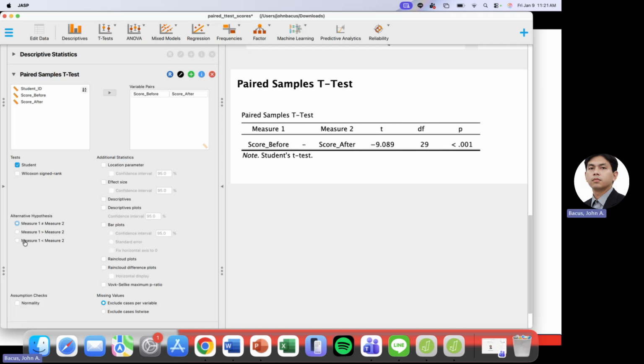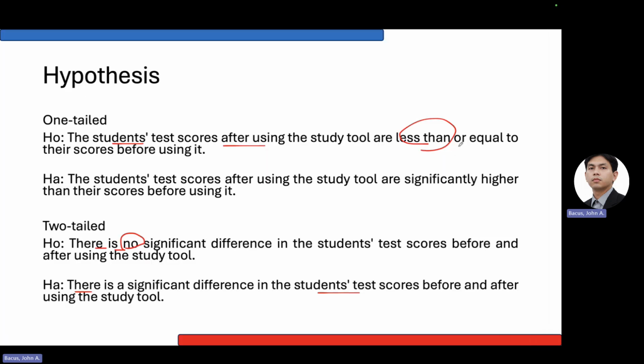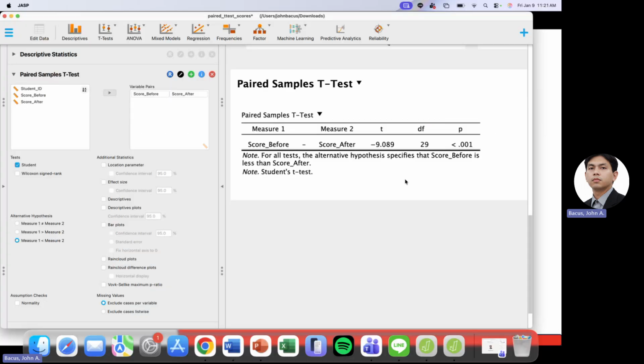It changed because score after is greater than score before. This is correct because score before is less than score after and the p-value is 0.001. So using the paired t-test, we can statistically say that score before is lower than score after, and the two groups have significant differences.